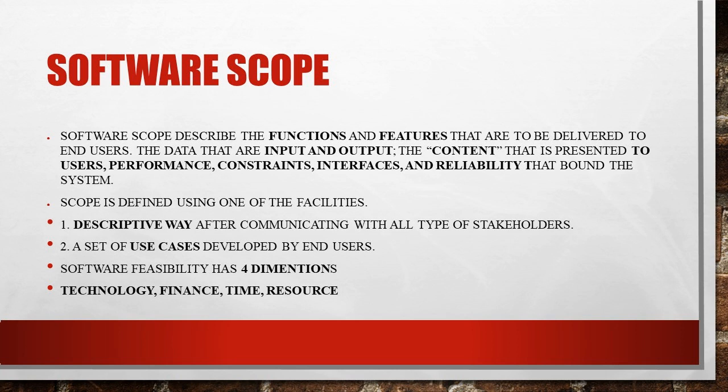The scope is defined using one of two facilities. One, a descriptive way after communicating with all types of stakeholders. Two, a set of use cases developed by end users. Software feasibility or software scope has four dimensions: technology, finance, time, and resource.